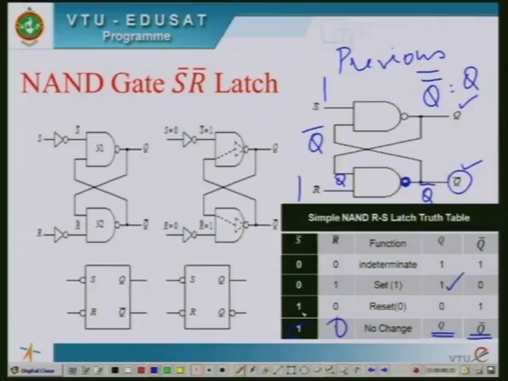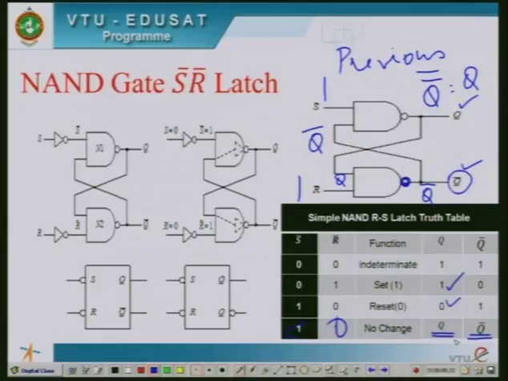If S bar is 1 and R bar is 0, remember we have complemented inputs. That is why when S bar is 0, output is high, and when S bar is 1, output is low. And when both are high, then it remains in the previous state or the same state as before, the no change state it is called.